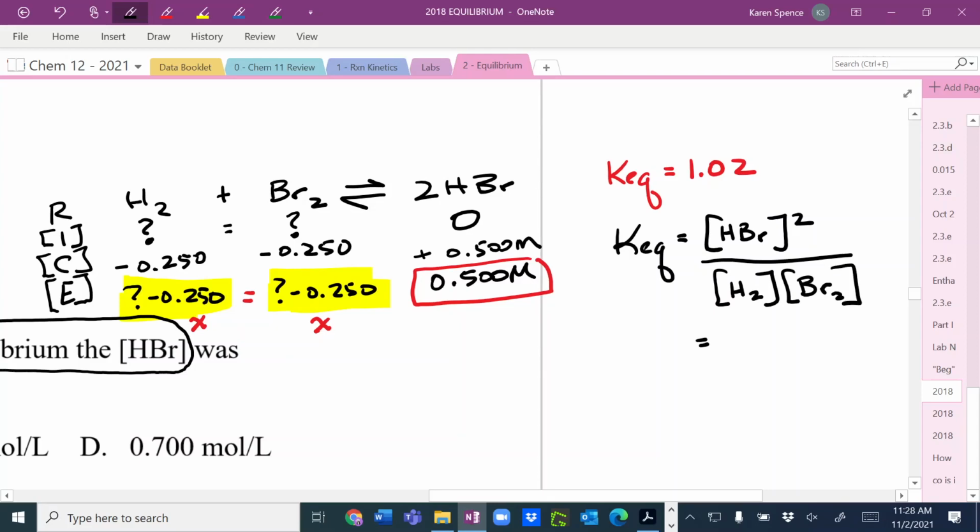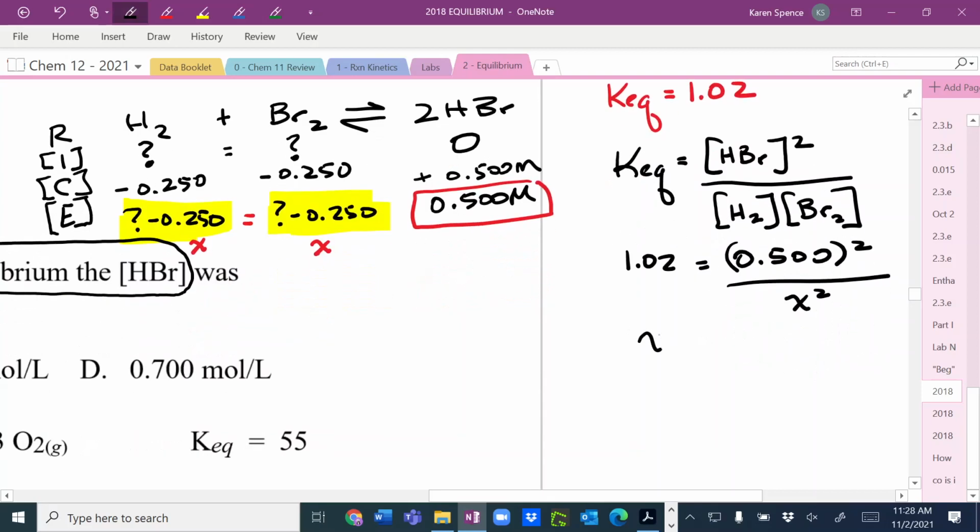And so that's going to be 1.02 is equal to 0.500 squared over, and these two, we don't know what they are, but we know that they are equal, and that's what we are looking for. So that's going to be x squared.